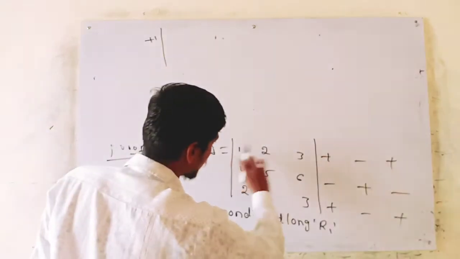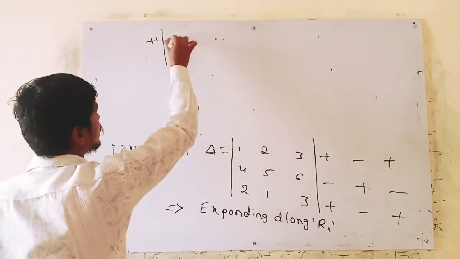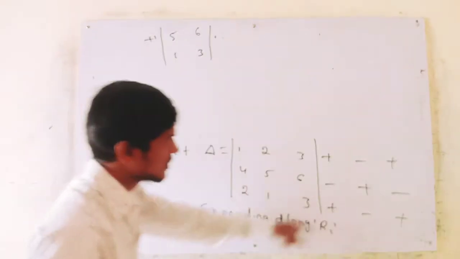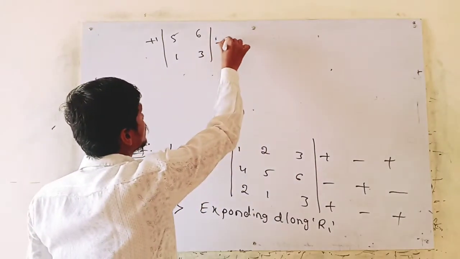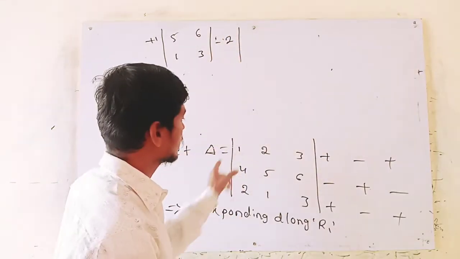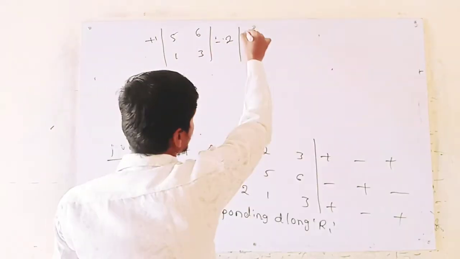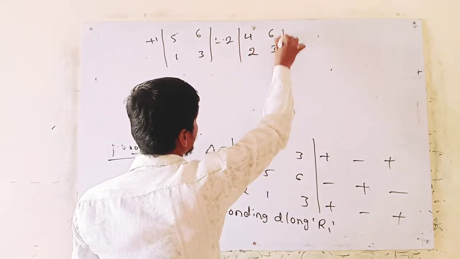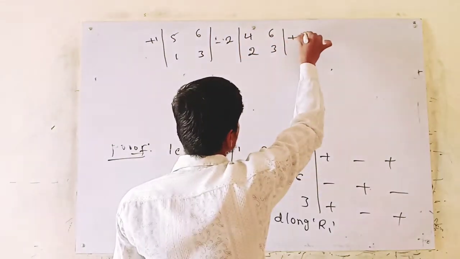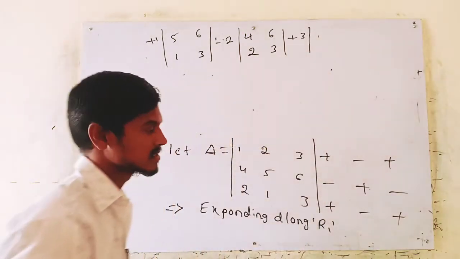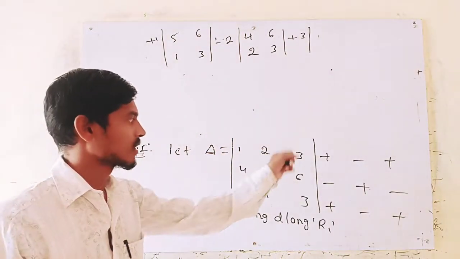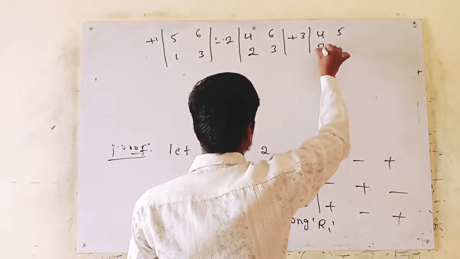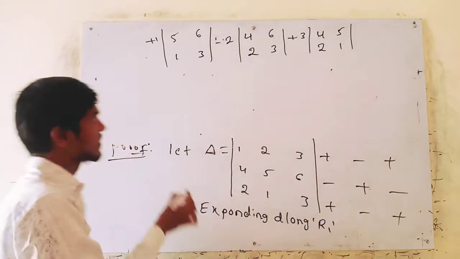Leave the elements along R1 and C1, therefore 5 6 1 3. Correct? This one minus 2. Leave the elements along R1 and C2; elements are 4 6 2 3. And the last one, plus 3 times. Leave the elements along R1 and C3, therefore 4 5 2 1. Now find this value.